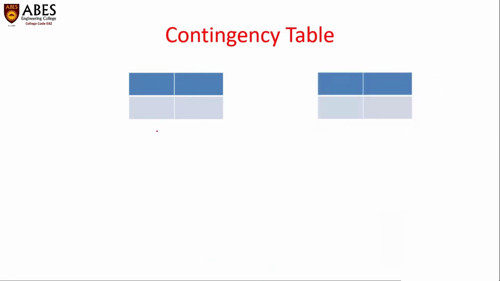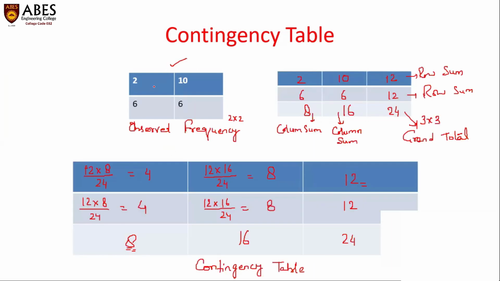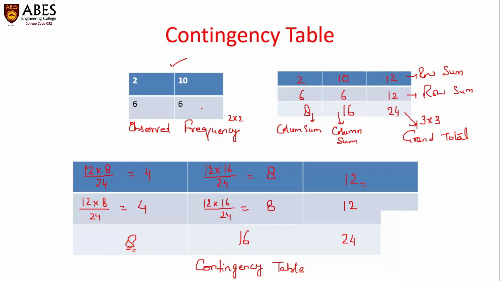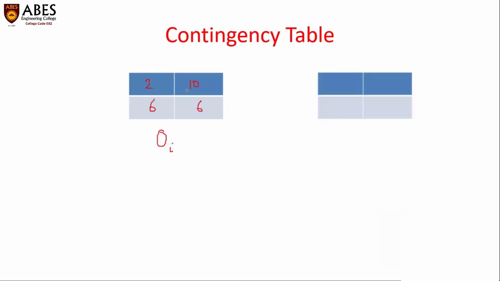So you can write down the observed frequencies as 2, 10, 6, 6, whereas the corresponding expected frequencies will be 4, 8, 4, 8.